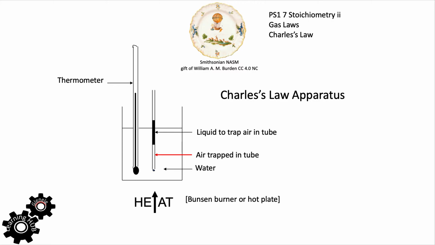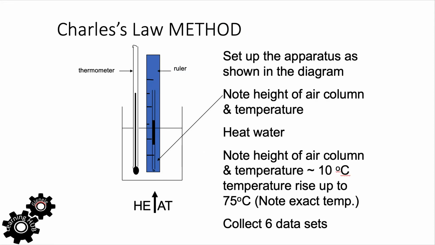If you're doing the lab, that would be concentrated sulfuric acid. And behind the tube, a little bit dark here, you've got a ruler, and so you can actually measure the height of that air bubble, the trapped air beneath what here is that black liquid, the sulfuric acid.